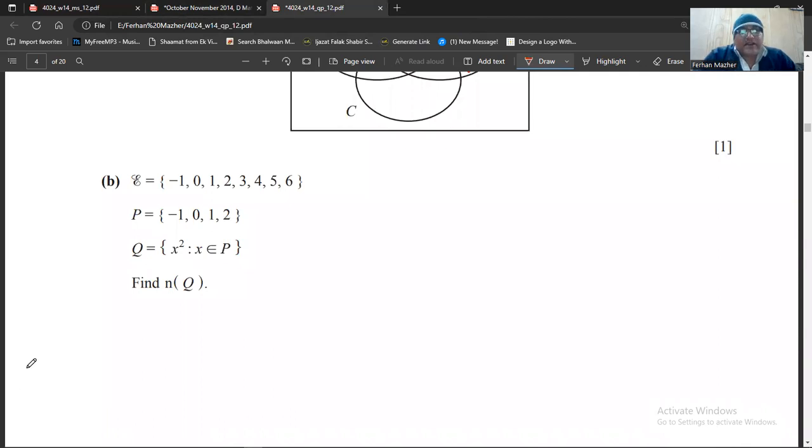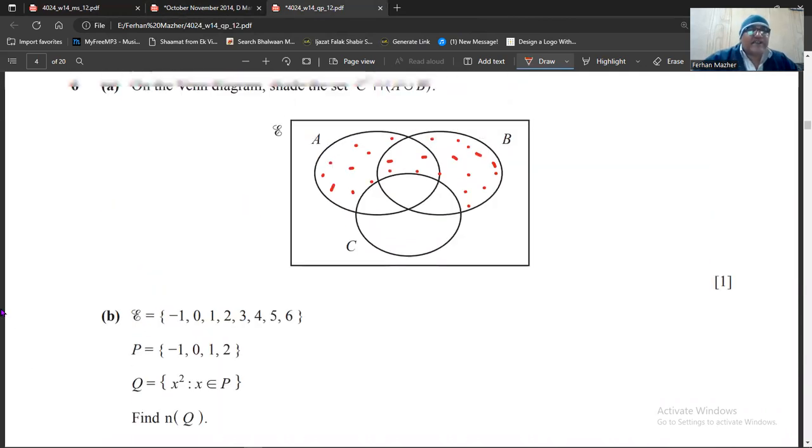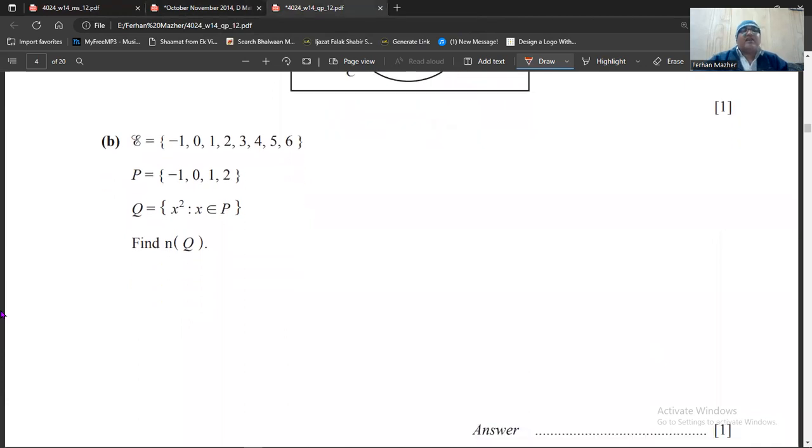This is the question number 6, and it's B part. He says the universal set is -1, 0, 1, 2, 3, 4, 5, 6, and the P set is -1, 0, 1, and 2. Q set is x square such that x belongs to P. So the Q will be, first of all, take the square of the 0, that will be 0.